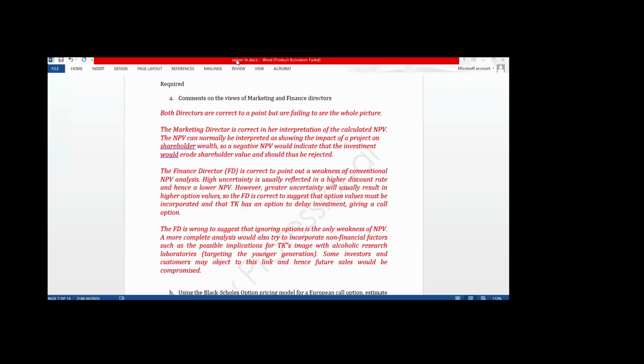Let's continue with the class. We said the finance director is also right by pointing out the limitation of conventional net present value.